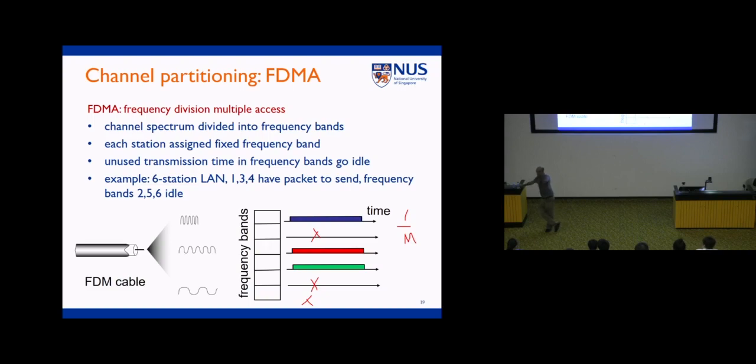And I allocate 1 slot to every user. And here, I break my frequency into bands, and I allocate 1 band to every user. So now I'm constraining you to one of those smaller frequency bands. You can transmit all the time in a small frequency band.